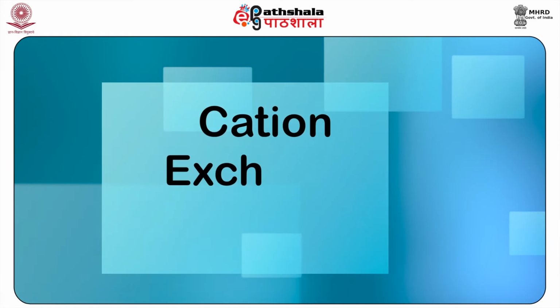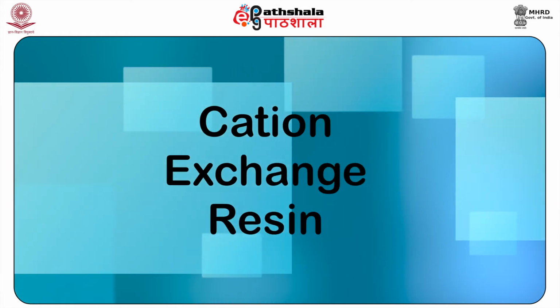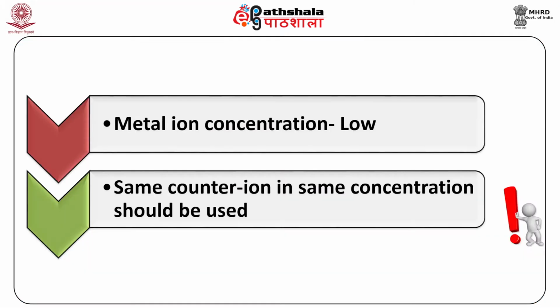Let us discuss about the cation exchange resins. For studying the metal ions of the small size, a medium cross-linked cation exchanger is suitable. The metal ion concentration used for the experiment should be low.